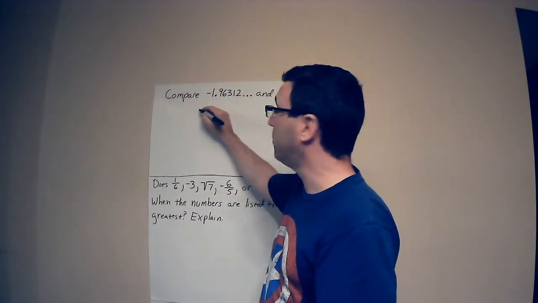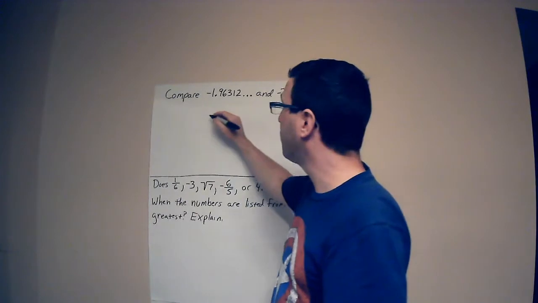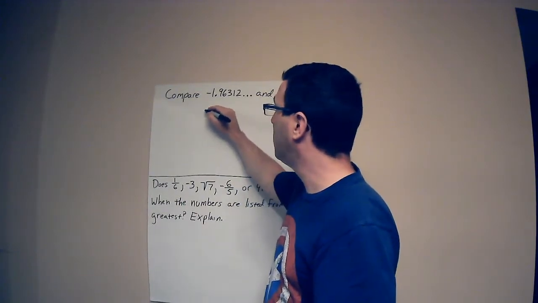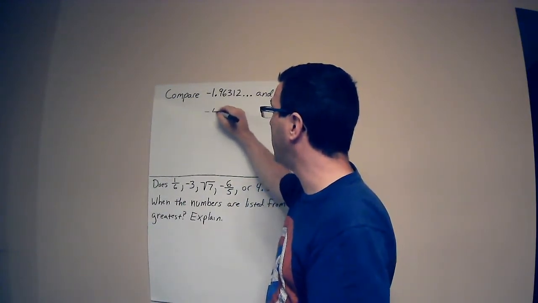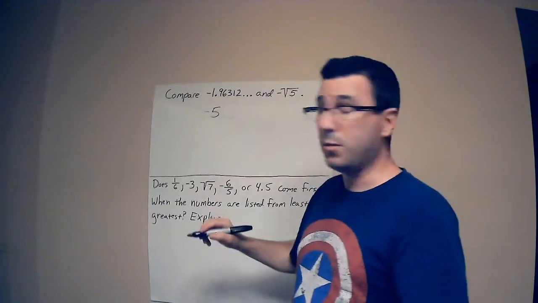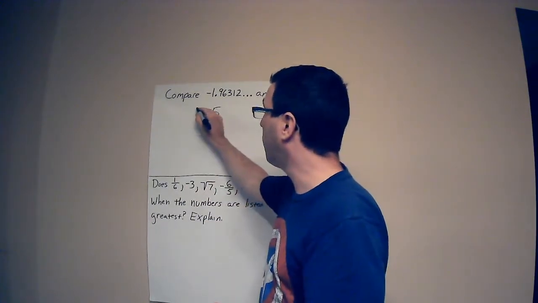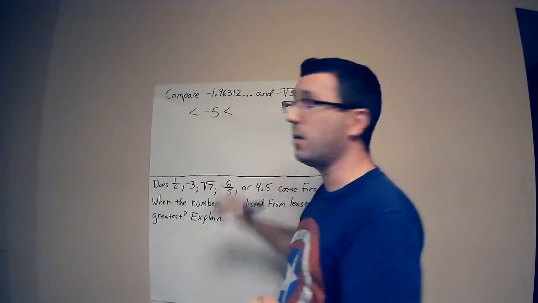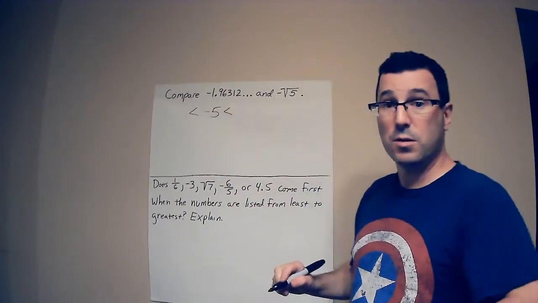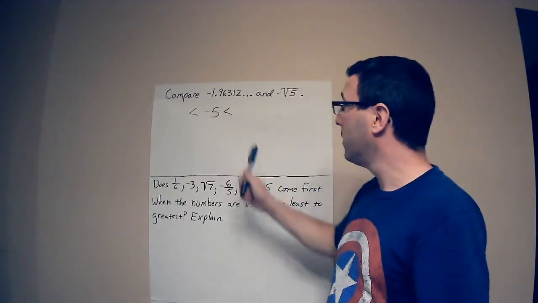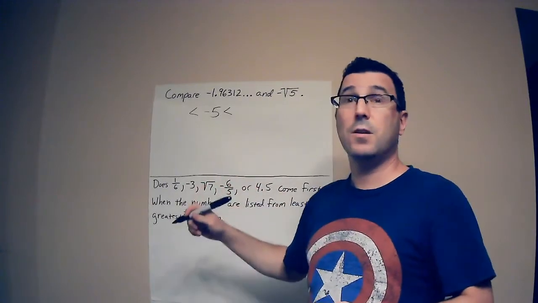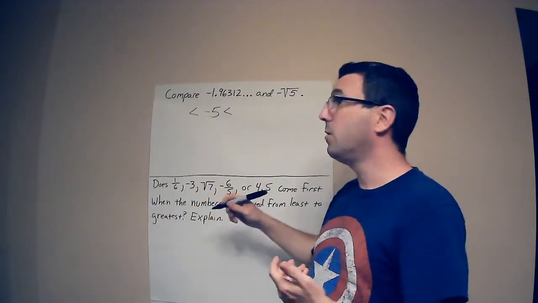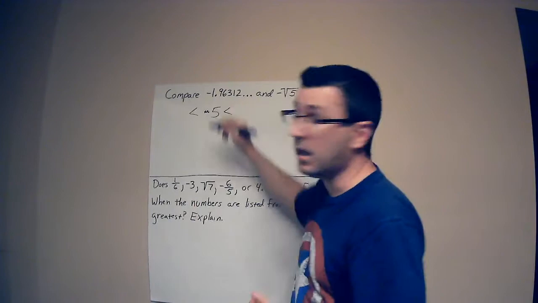Alright, so I'm saying negative square root of 5. So I'm going to do the same thing again. I'm going to say, okay, well, where does 5 fall between? I can't do the negative.